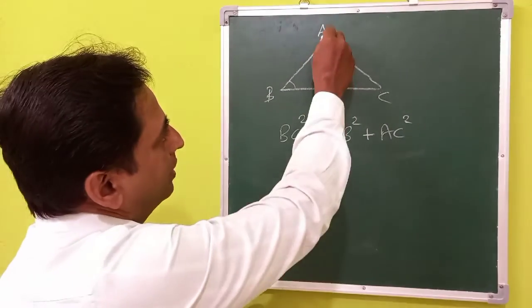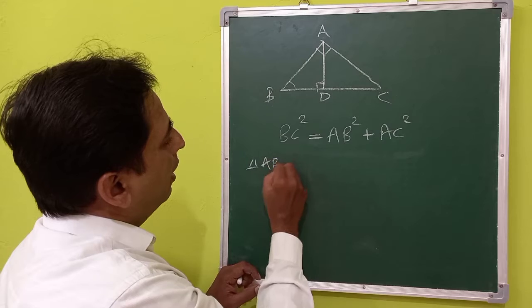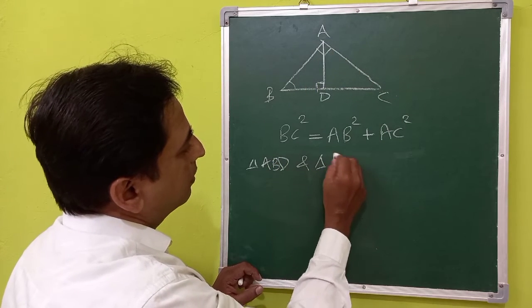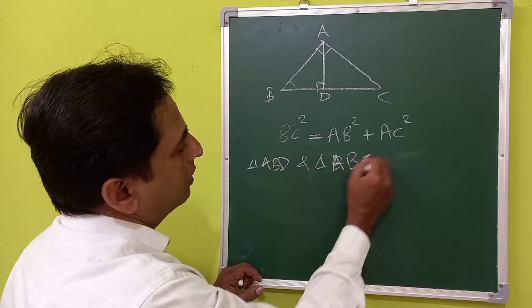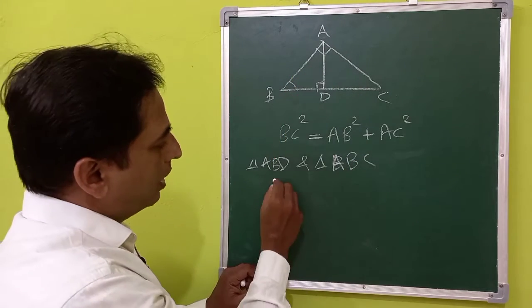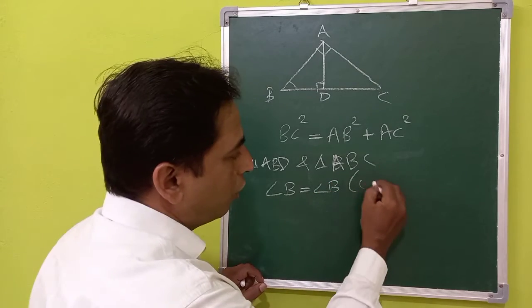Now let's consider these two triangles, ABD and ABC. In these triangles we can see angle B is common for both the triangles. So angle B is equal to angle B because that is common.